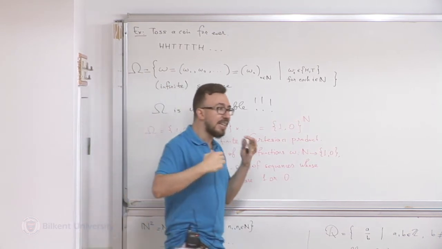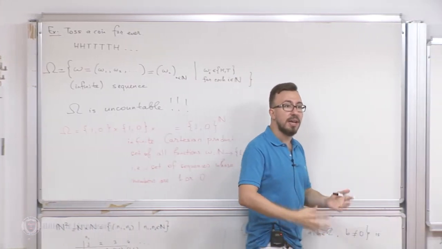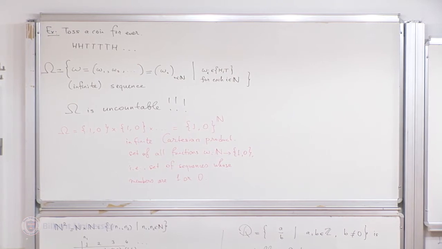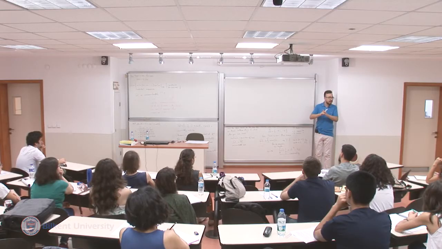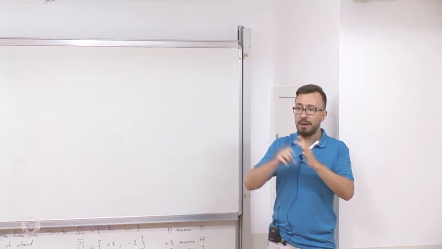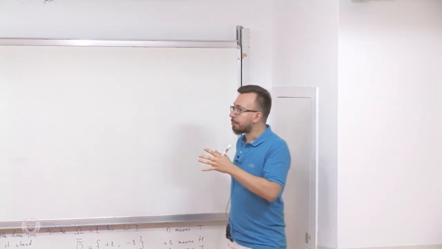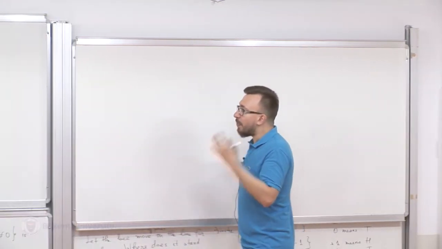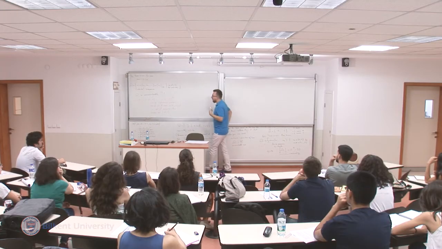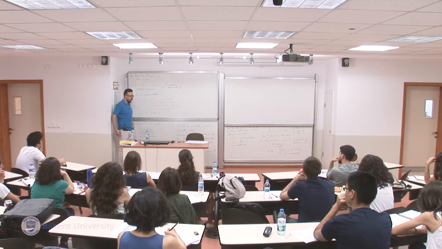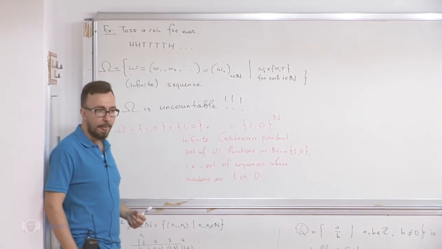So you really need some mathematical machinery to be able to deal with those structures, those examples. Because that's an uncountable sample space. That's why we need mathematical machinery. We will discuss the mathematical machinery coming from measure theory, okay?